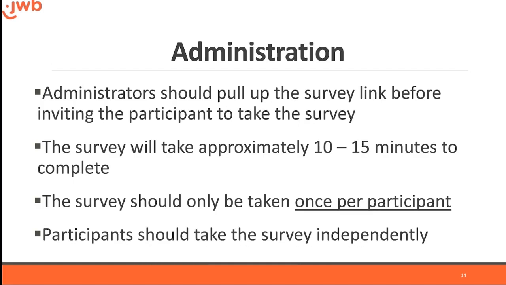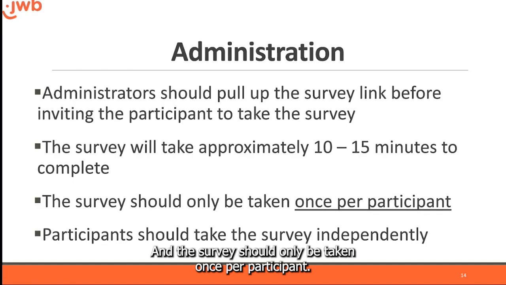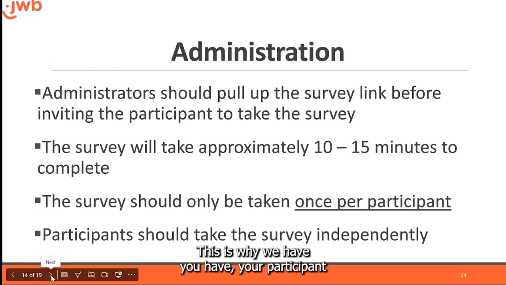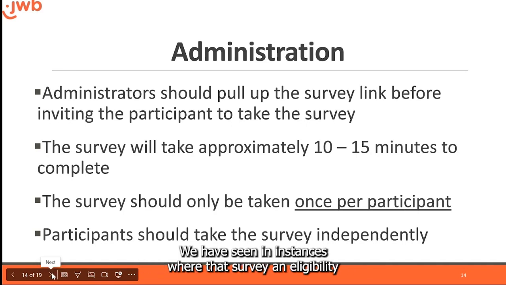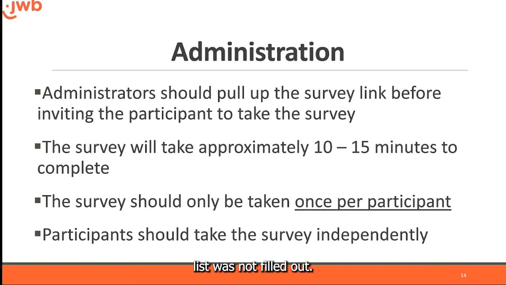And the survey should only be taken once per participant. This is why we have your participants sign that eligibility list and date it. That way we know that they have already taken it and you can move on to the next person. We have seen instances where that survey and eligibility list was not filled out.